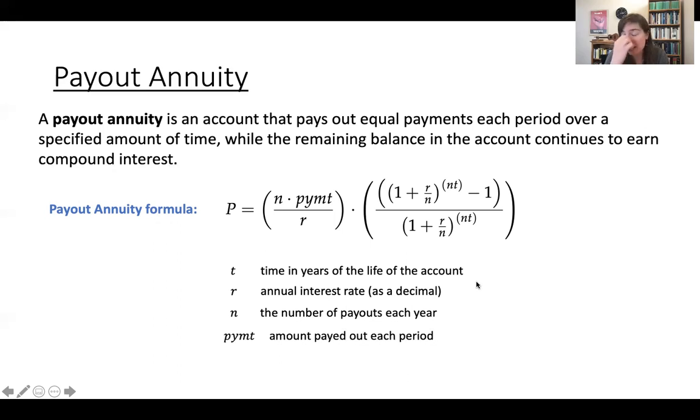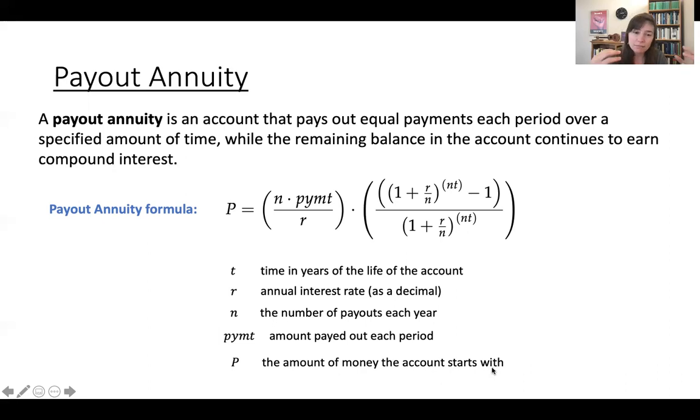The payment, we're thinking about the payment slightly differently now. So in the ordinary annuity account, the payment is the amount of money you are putting in each month or each period. The payment in a payout annuity formula is the amount you are taking out of the account each pay period. And then P is the amount of money the account starts with.